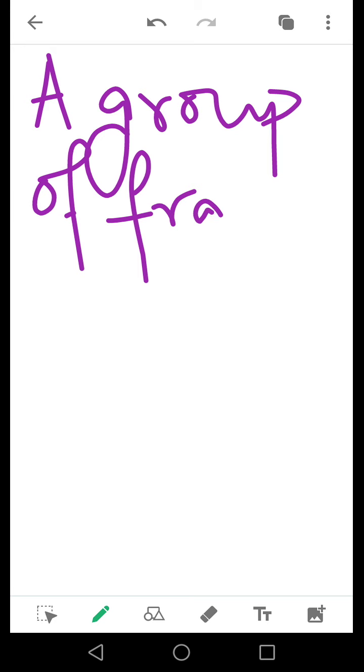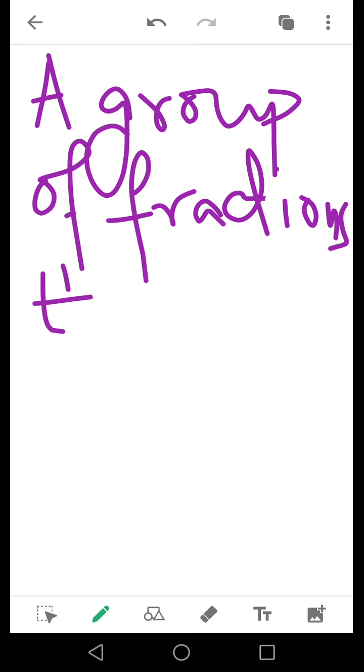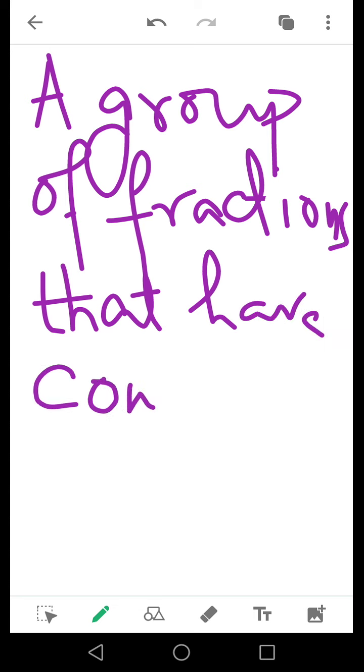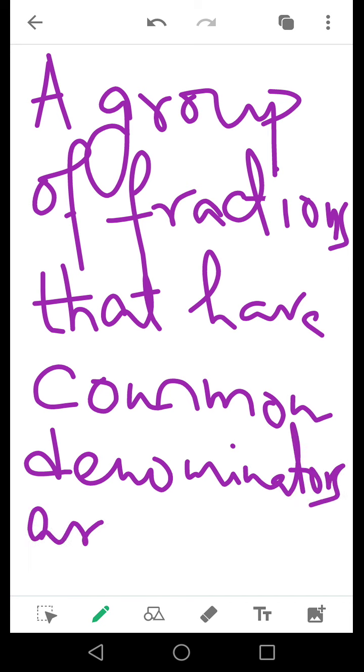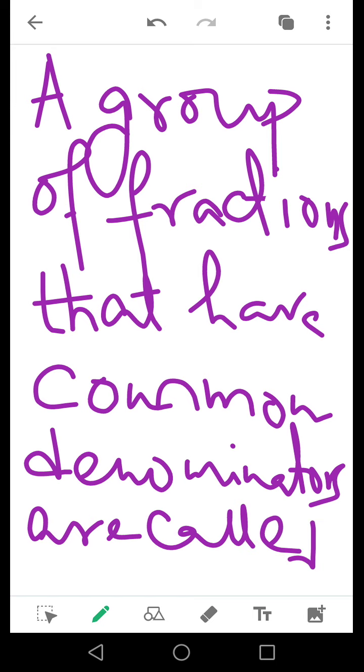So the formal definition you can write: a group of fractions that have common denominators are called like fractions.